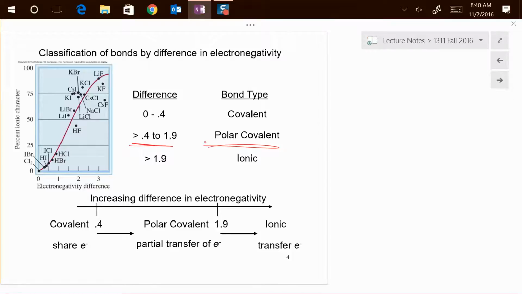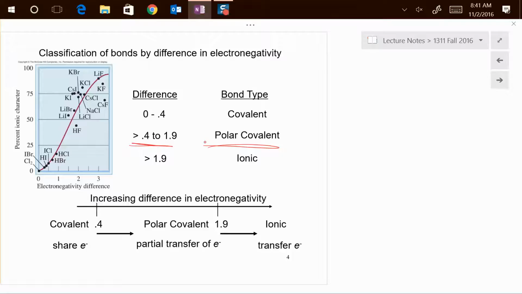That doesn't mean my molecule's polar. We'll talk about that later. But I am creating a bond that is polar covalent. Not ionic, but there's an unequal sharing of electrons. Covalent molecules share electrons, and if they share them equally, it's purely covalent. But if you share them unequally, meaning oxygen is more electronegative than hydrogen, then when you bind hydrogen to oxygen, that electronegativity difference creates a situation where oxygen wants the electrons more often than it lets hydrogen have them.